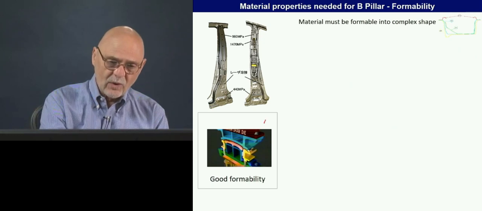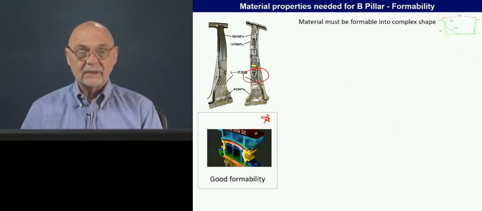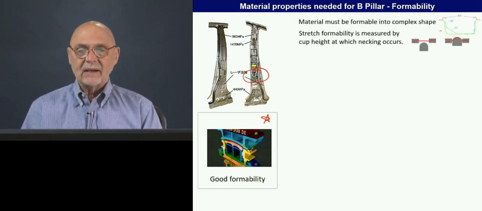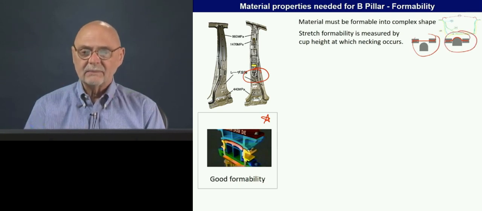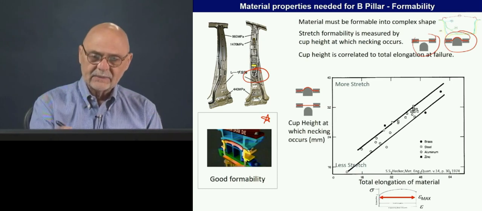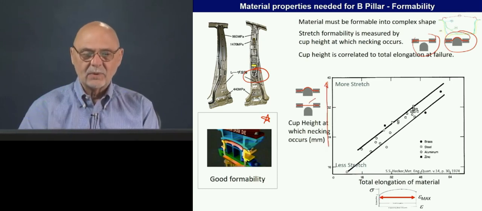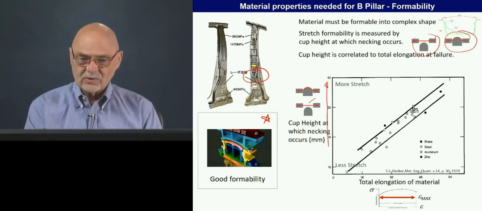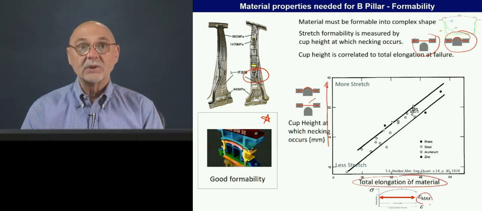We need good formability to make the complex shapes here in a press form, and we talked about last time a cup height test, with cup height going up in this direction, that we can push a sample upwards before it fails, is directly related to the total elongation of the material.